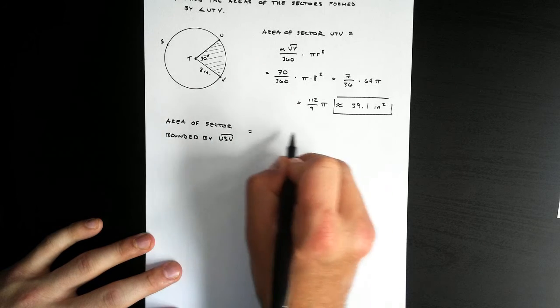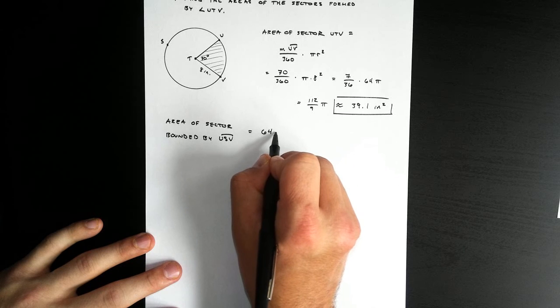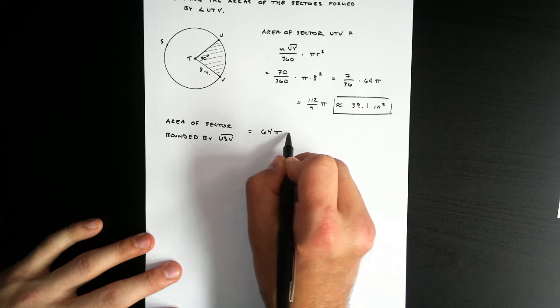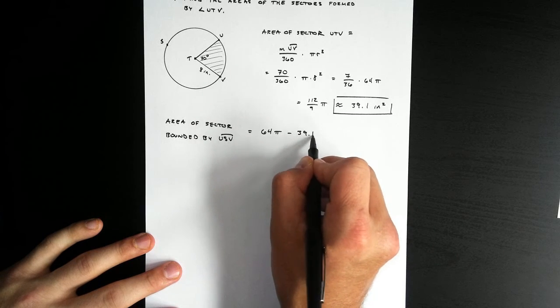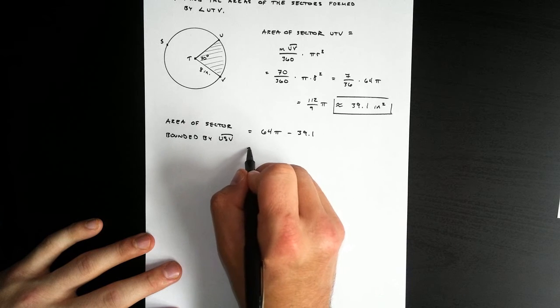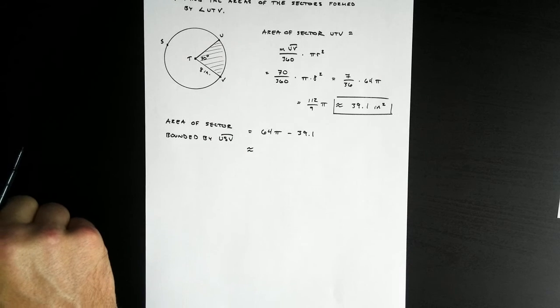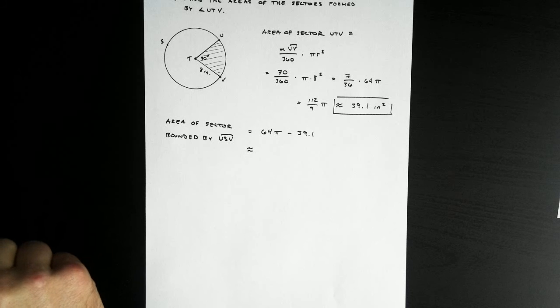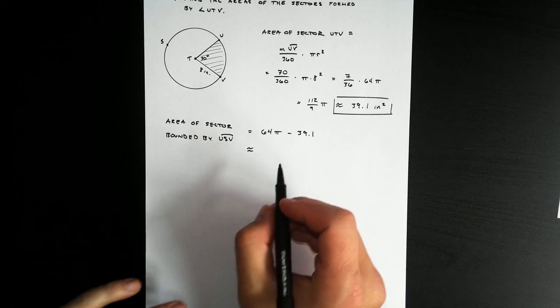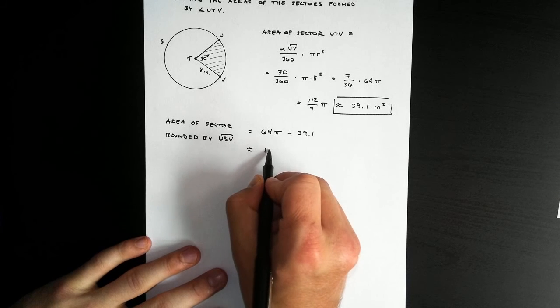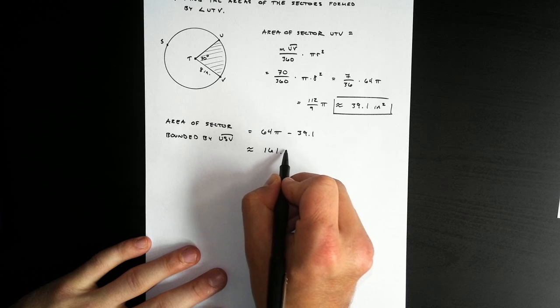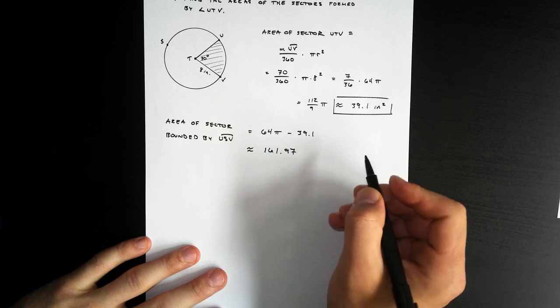So this is going to be equal to the area of the entire circle minus the area of the sector we already found. And that gives me a value of about 161.97.